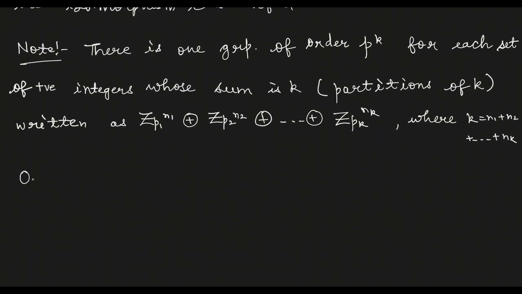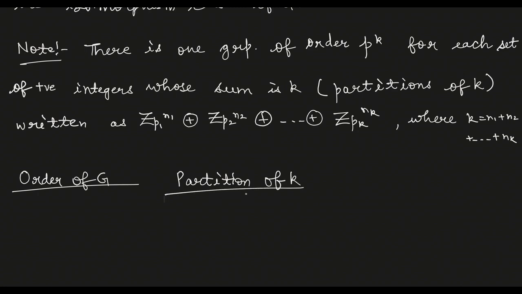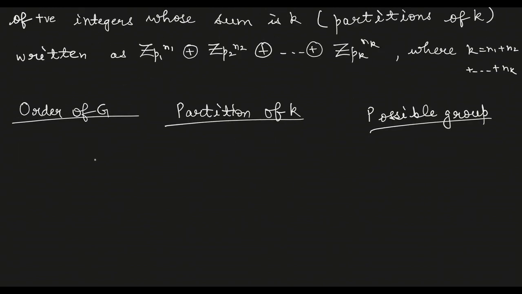This is now order of group G, partition of K. Basically, I need to partition this power. Possible group. So, order of G, P. Its power is 1.